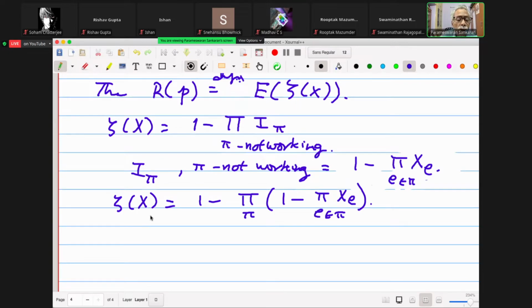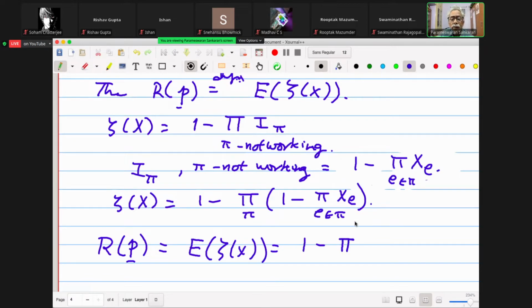And now you can compute the reliability. So reliability of given network P. So this P is a vector, remember. This is the expectation of x, and this is 1 minus product.